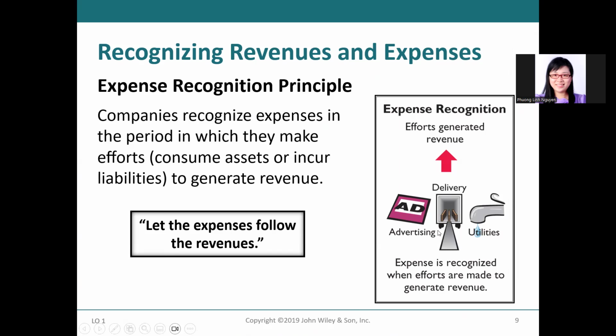Or when you use the advertising service of another company, then we have to record this as an advertising expense, even though we haven't paid money yet, because we use the services. Or we consume the assets like supplies, then we will have to recognize supplies expense.